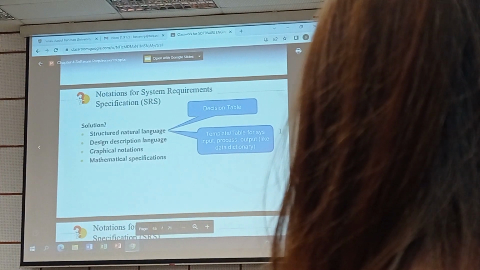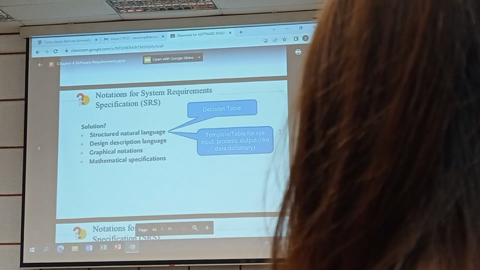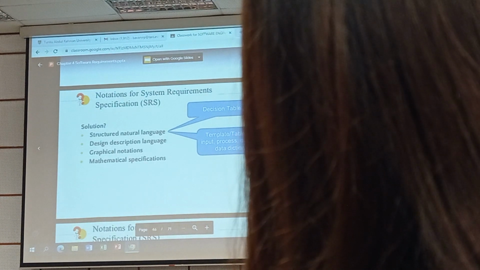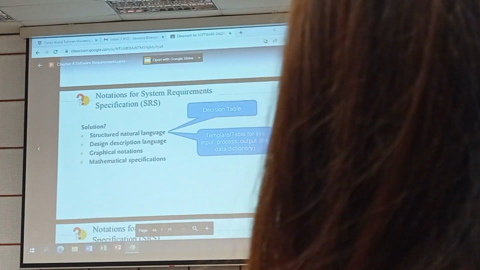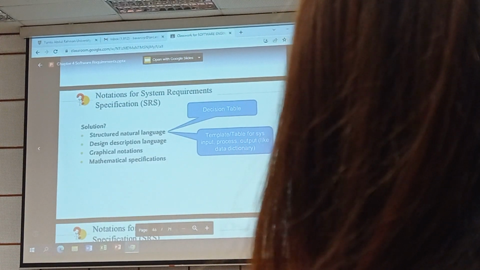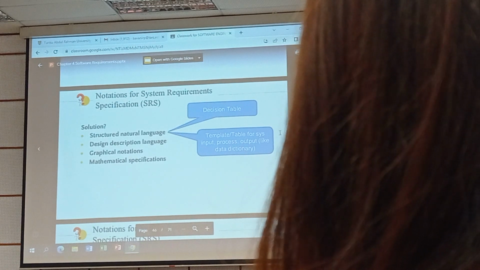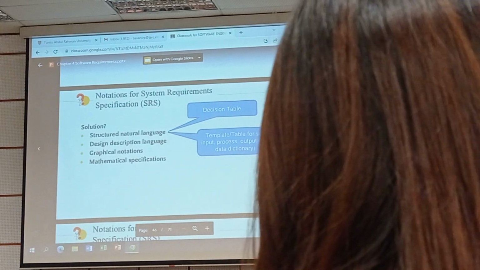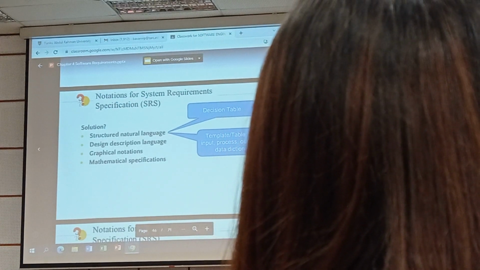Remember the template? I drew the template there. That is a structured natural language. Simple, I already gave the answer. So structured natural language is a template which I drew there, the first one: the scope, the function and all that. I already explained this earlier.